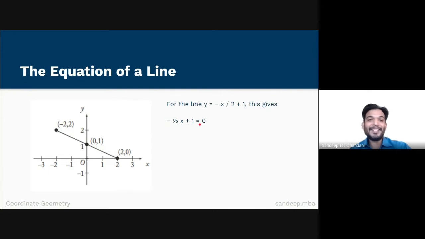In the next step, I'll subtract 1 from both sides of the equation and get minus half x equals minus 1. In the final step, I'll divide the entire equation by minus half and get the value of x equal to 2. Thus, one can conclude that the x-intercept of this line is 2.